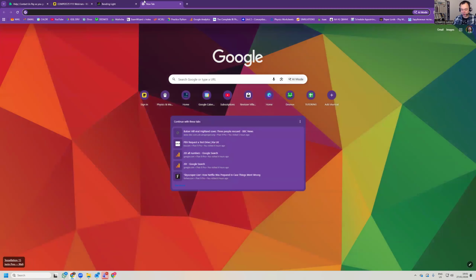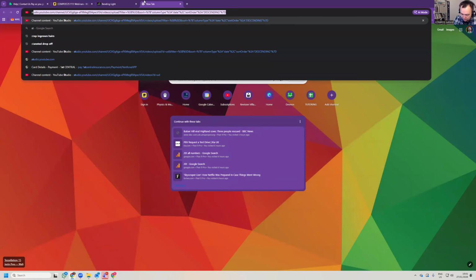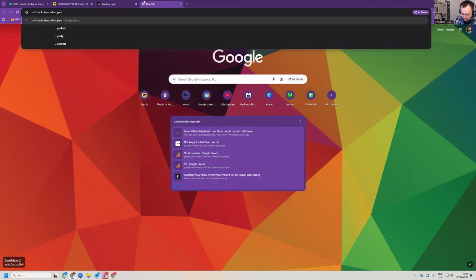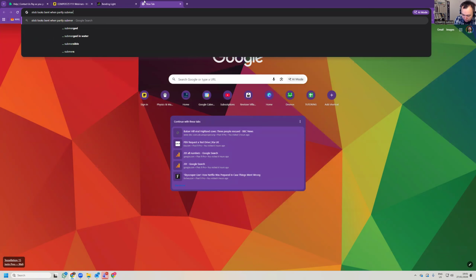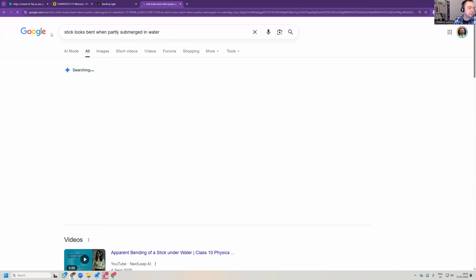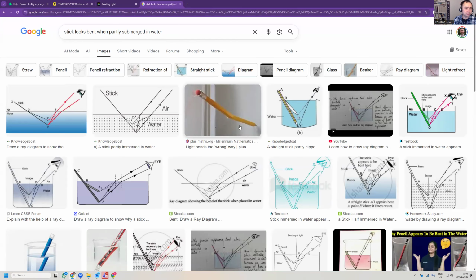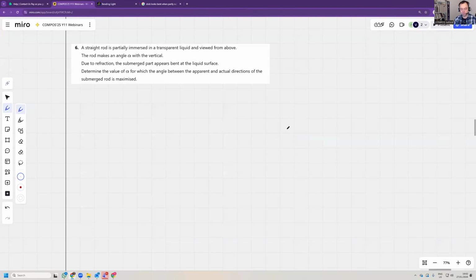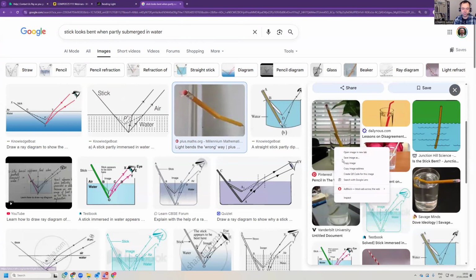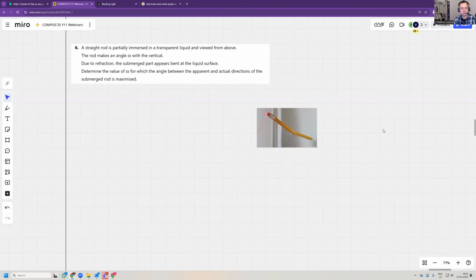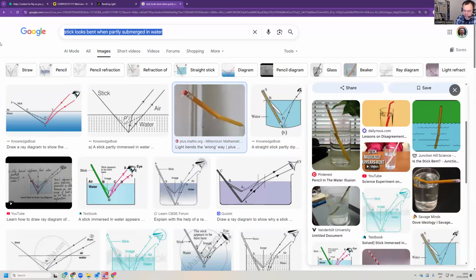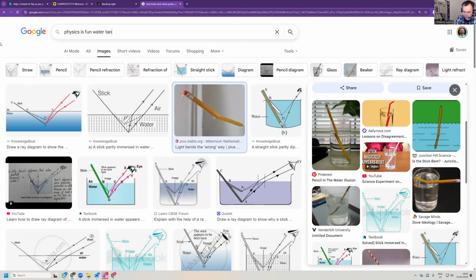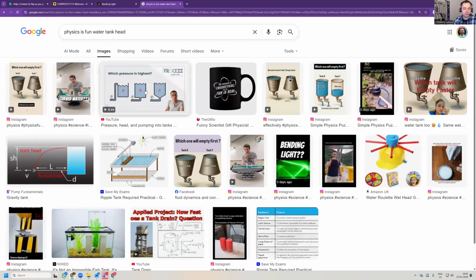Okay. So a stick looks bent when partly submerged in water. Just like this. Or like this.